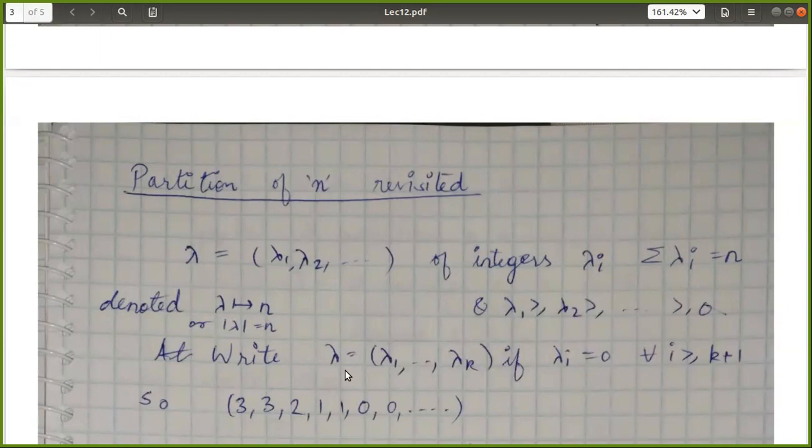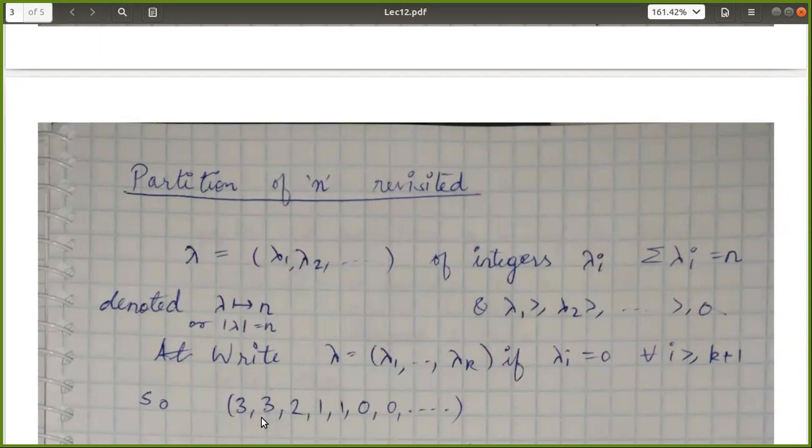Meaning, once I get rid of the redundant zeros at the end, there is a unique way of writing this particular partition. And when such a thing is there, you denote it by saying that lambda is a partition of n, or that mod lambda is n. Mod lambda makes more sense in the way that the elements of lambda sum up to n.